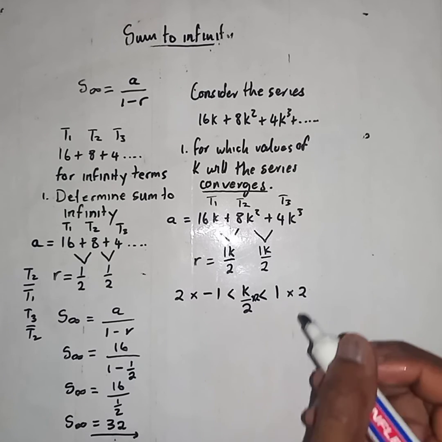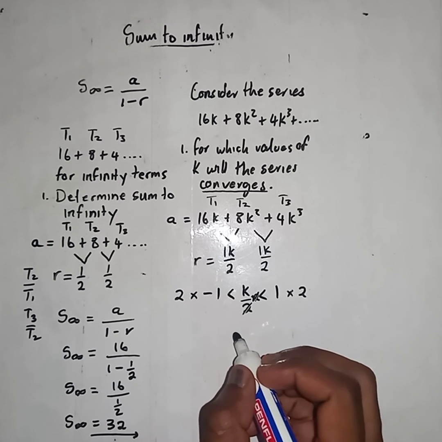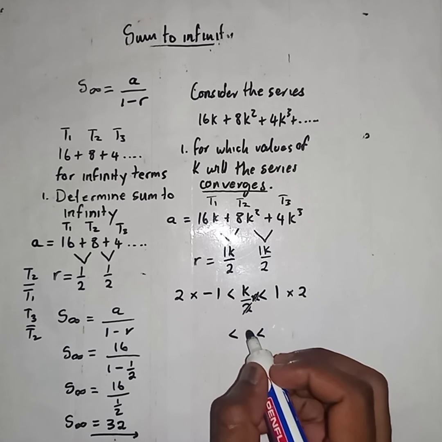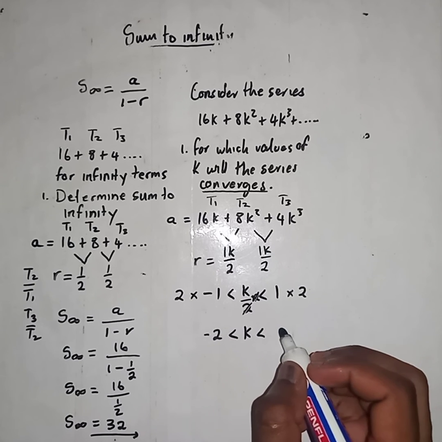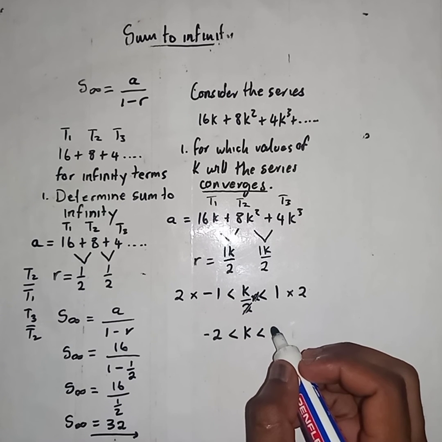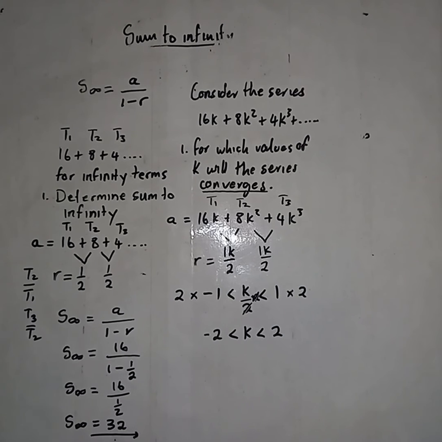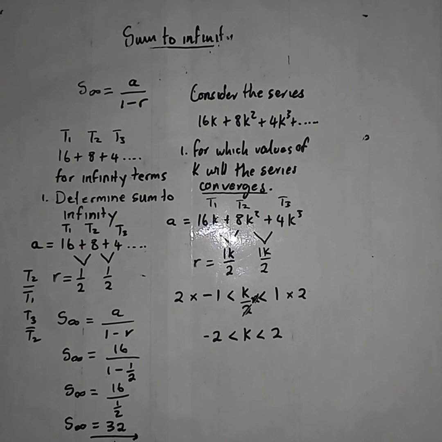Then 2 cancels 2, going to be left with k this side, minus 2 this side, I'm going to be left with 2. You see, I hope you do understand the following.